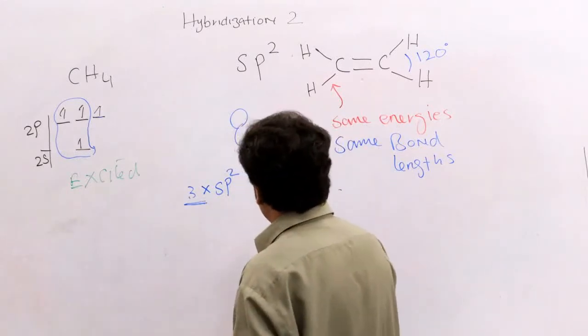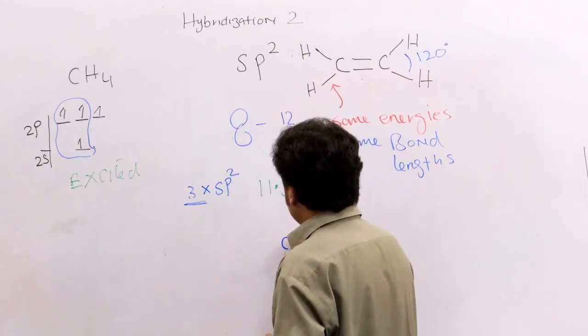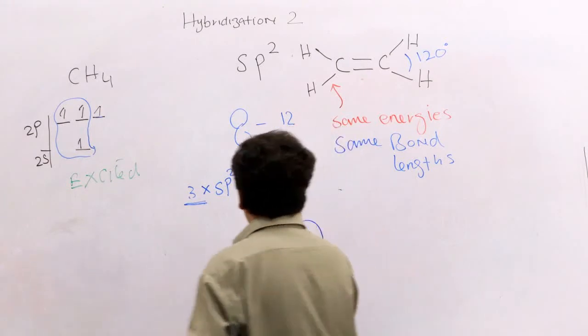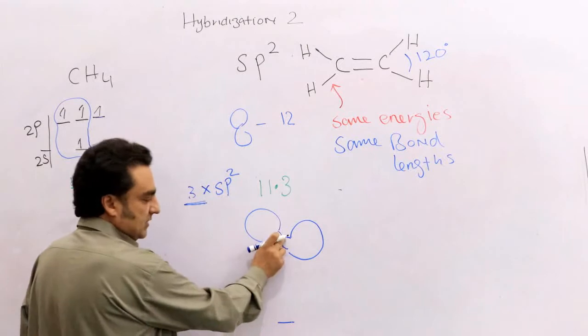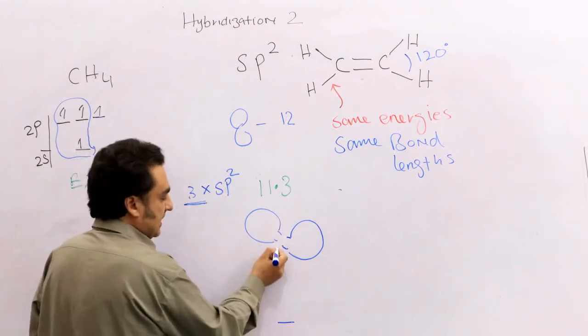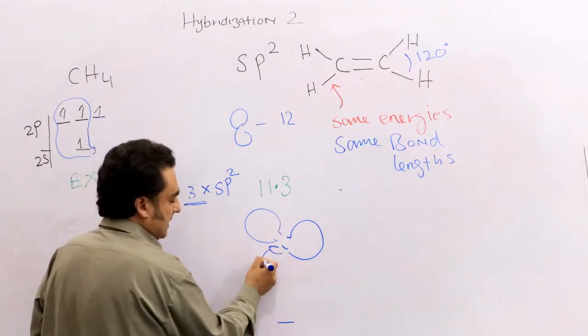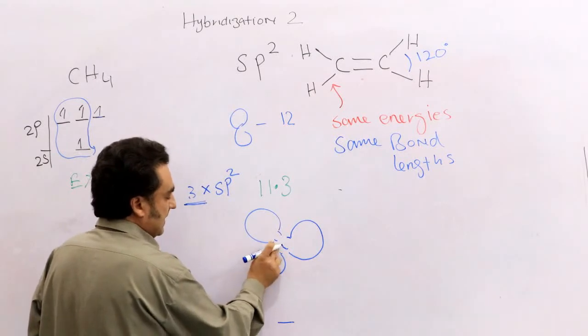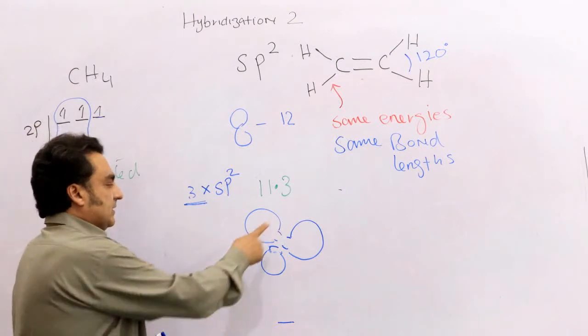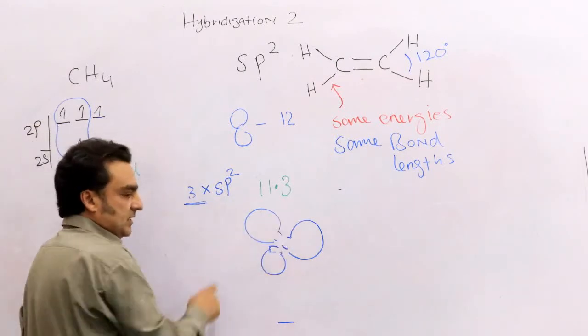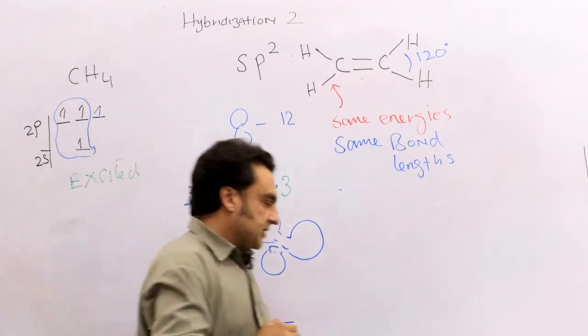Actually the sp2 orbitals are arranged like this. This is carbon in the middle, and these are the 3 orbitals. They are arranged like this, okay. So the angle between these things is 120 degrees.